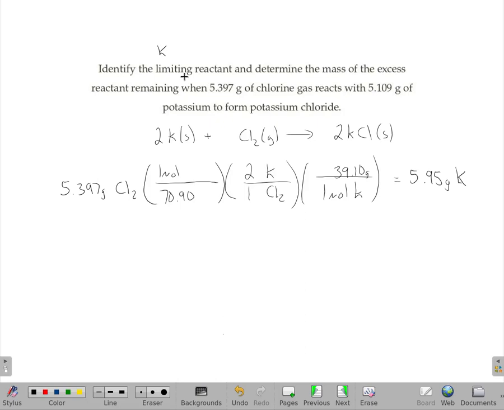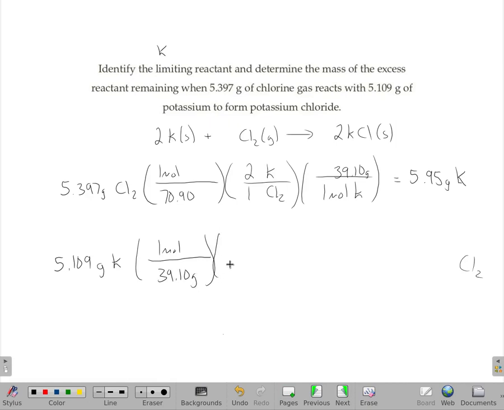All right, but this question also wants to know what's the amount of excess reagent. So we actually have to do another calculation now because we did the wrong one on our 50-50 guess. It would have been much more beneficial to have done this one because whatever mass we get here for the mass of chlorine, we're just going to subtract from that 5.397. So I got to do another calculation.